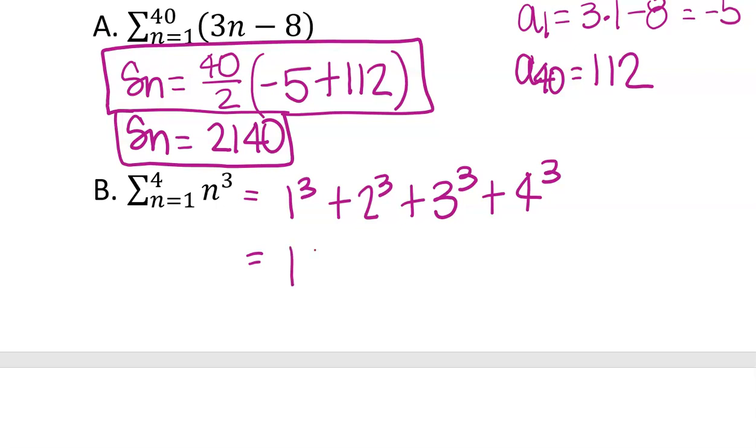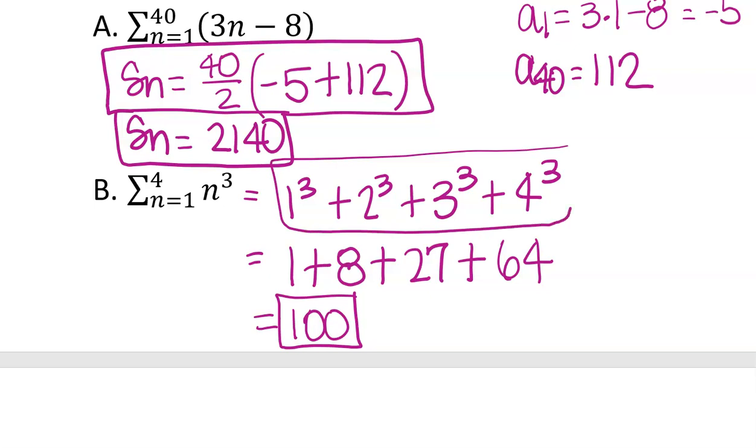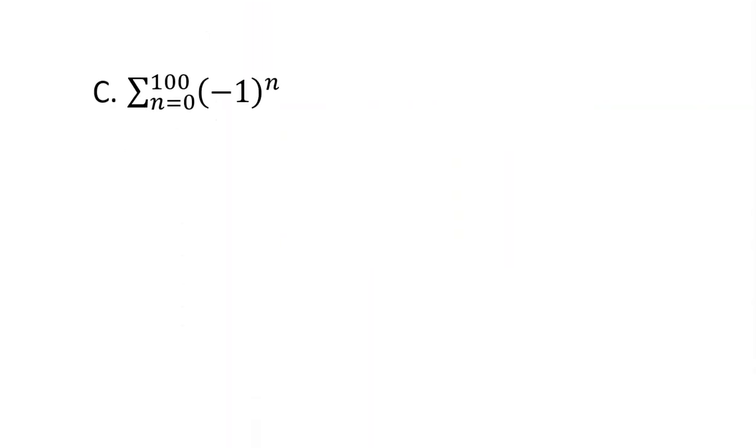So it's 1 plus 8 plus 27 plus 64, sorry. And we get a sum of 100. If you're putting them all out there, make sure you write them down as well.